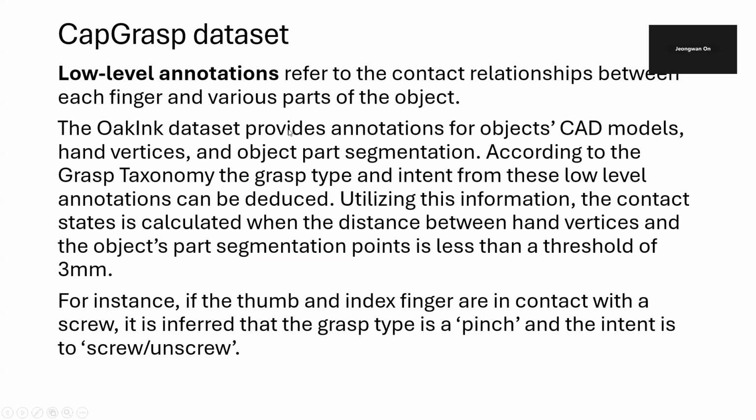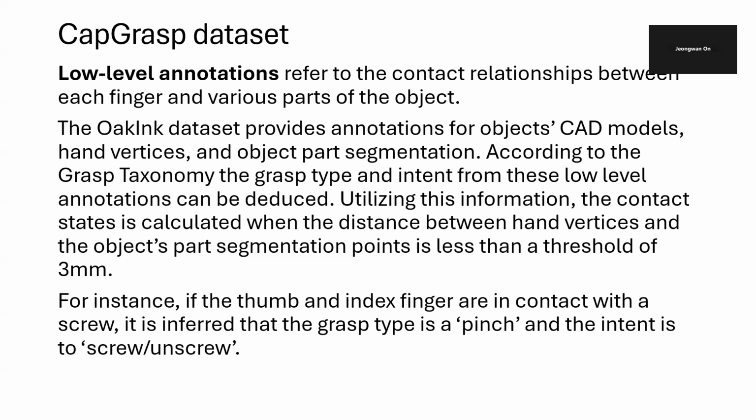They named it the CatGrasp dataset, which they made out of the OakInk dataset. For low-level annotation, they refer to the contact relationship between each finger and various parts of the object. They use the CAD models in OakInk, the object part segmentation, and hand vertices to get the contact relationship.